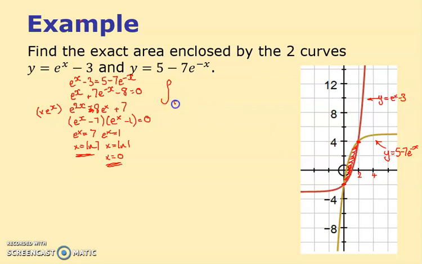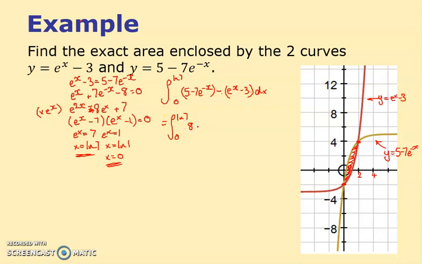I integrate between 0 and log 7. I do top curve minus bottom curve. What's the top curve? It's that one. So it's the integral of 5 minus 7e to the minus x minus (e to the x minus 3) dx. And that is equal to the integral from 0 to log 7. Now 5 minus a minus 3 is 8.